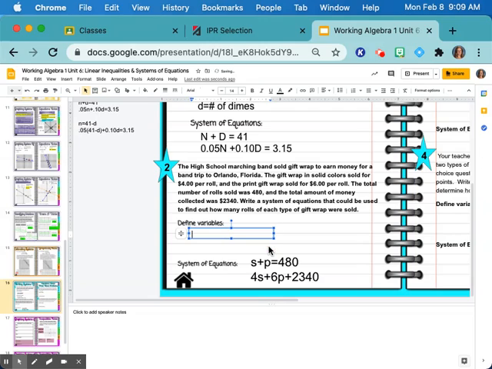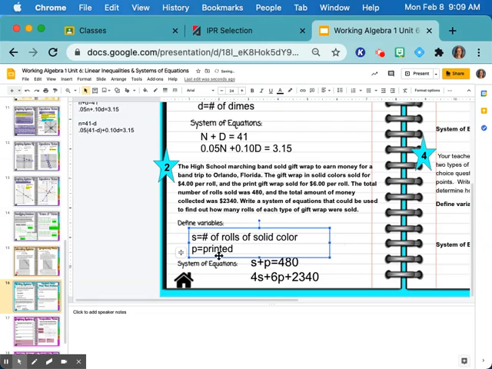Okay, so S would represent solid color, and P is printed. And so the number of rolls, that's what I should put. Number of rolls of solid, and then number of rolls of printed.